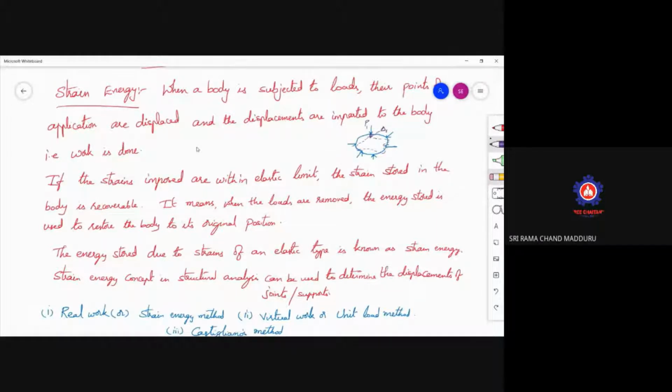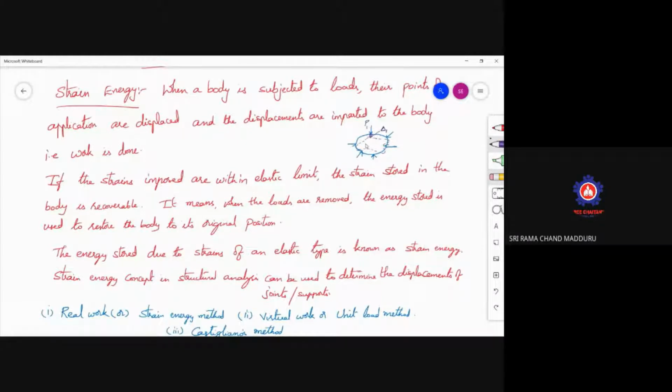What we will observe is, due to the application of the loads, when a deflection is undergone, if you remove the load, then it will go back to its original position if it is within the elastic limit. Here I am calling it strain.